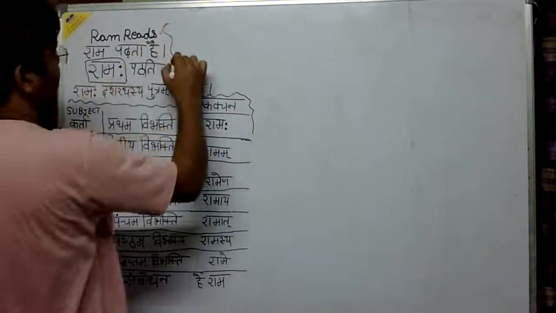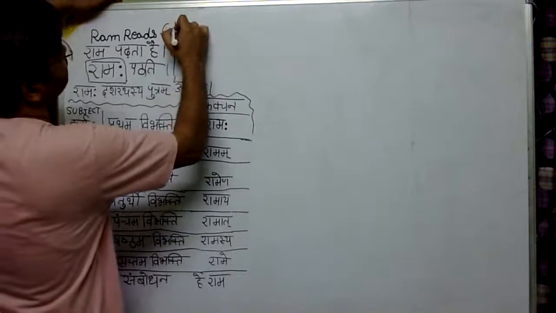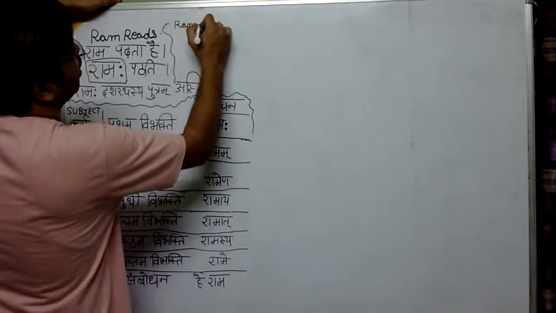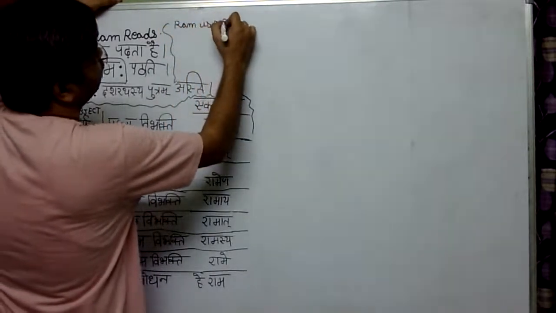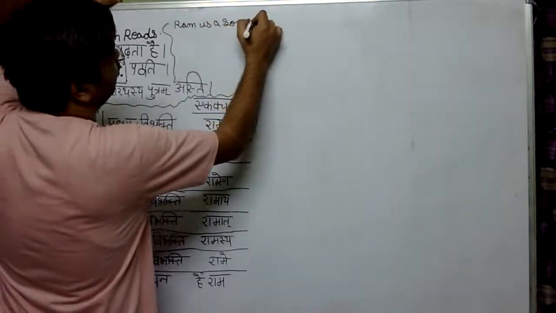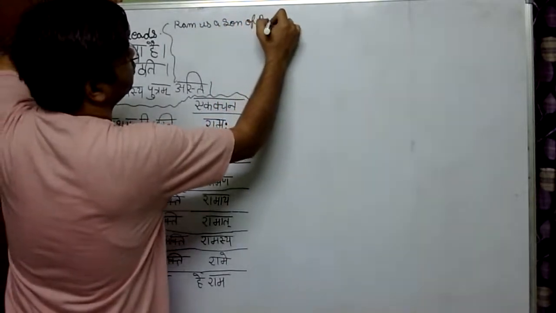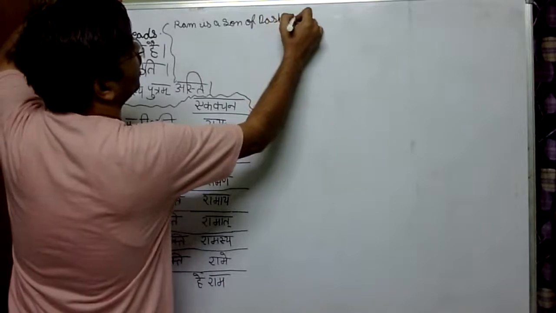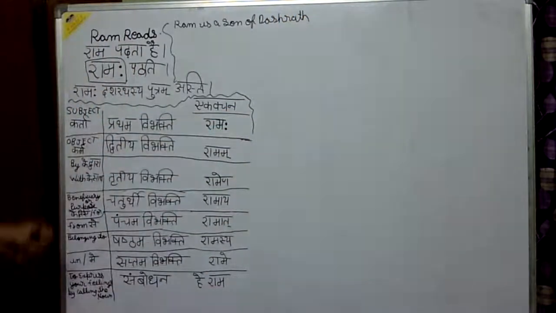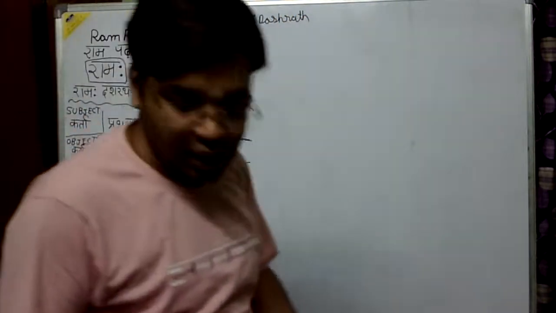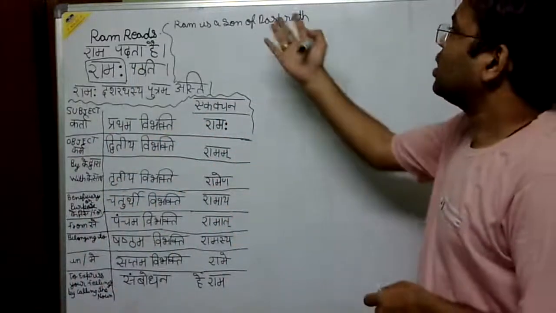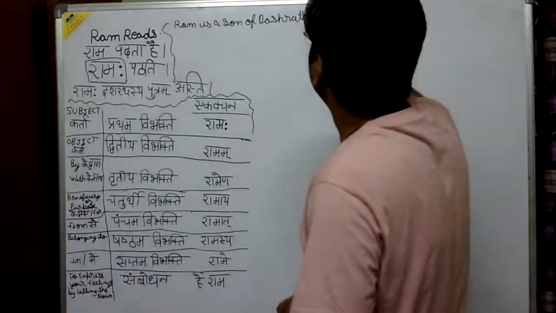Do you know what I have written? I have just written a sentence. Ram is a son of Dasharath. This sentence I have written here.